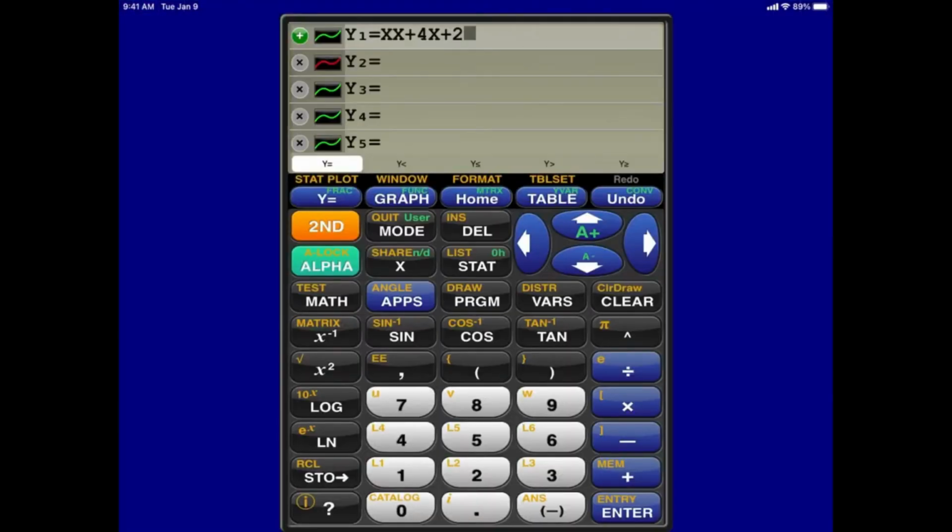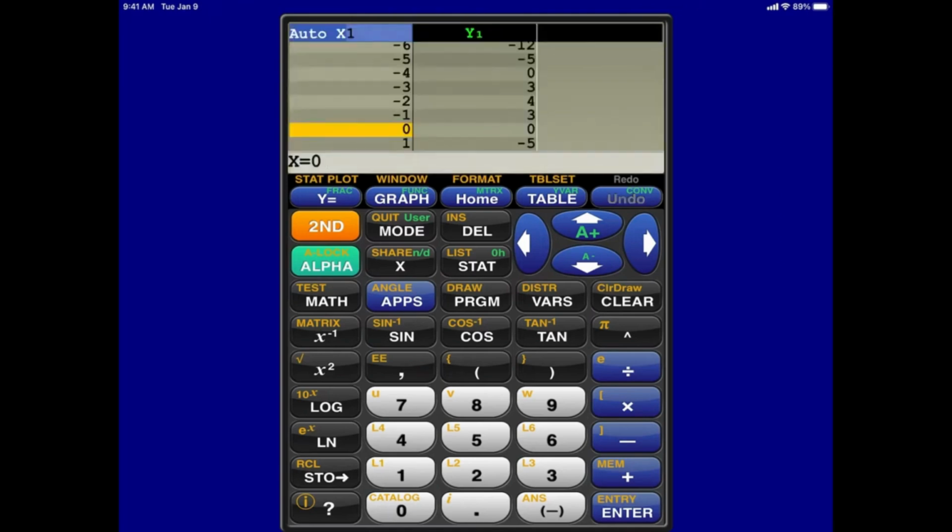Y equals, clear if you wanted to, negative x squared minus 4x. Okay? And then go ahead and get a table. You're looking for table values. How do you know how to go up and down here? You're looking for values where your y value is 0, or the change between positive and negatives.